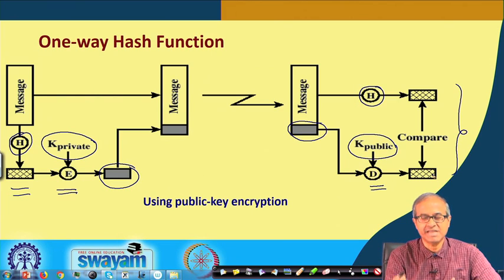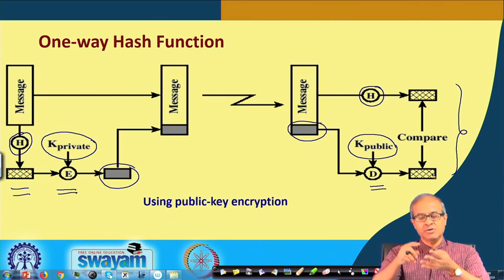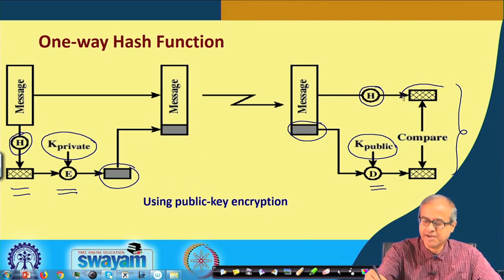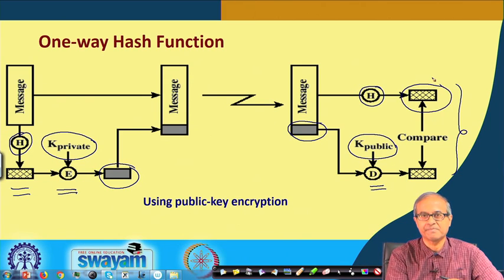So, if there is a match, just like the previous one using symmetric key encryption, here also we can verify two things together. Firstly, that it must be signed by the intended sender, because otherwise I could not have decrypted it using the public key, and secondly, the message was also not modified. There is no loss in integrity, because of that I could get back the correct hash value here.